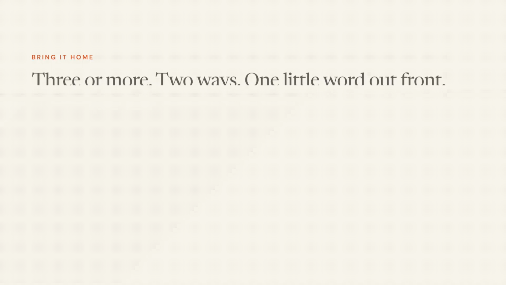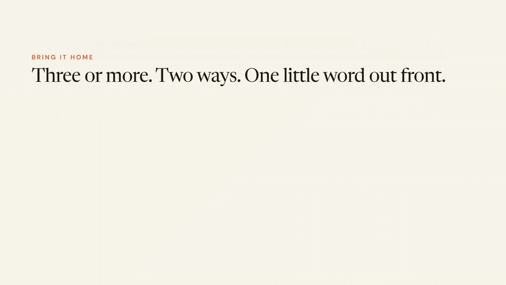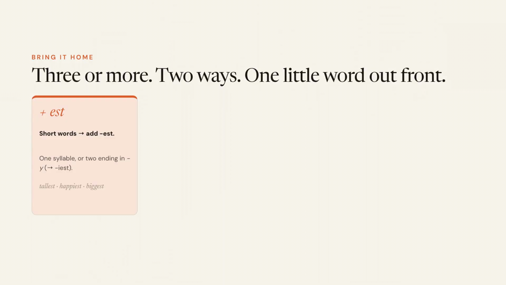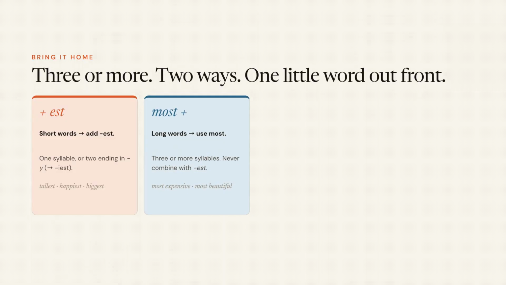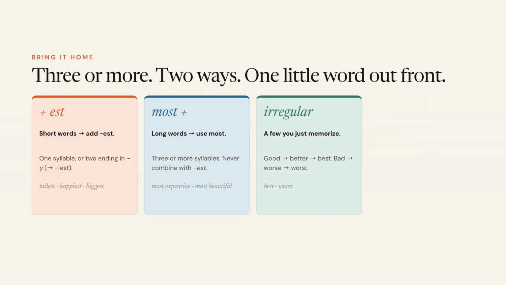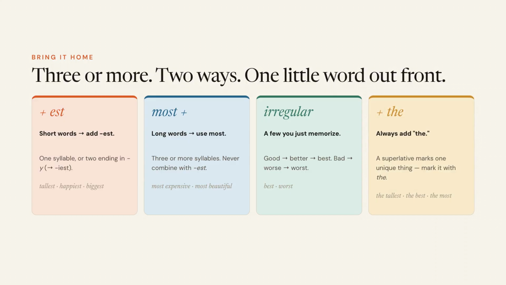Let's summarize what we learned today. Superlatives are for three or more things. Short words add est. Long words use the word most, never both. Remember the irregulars. The two most important ones you will use all the time are good, better, best, bad, worse, worst.